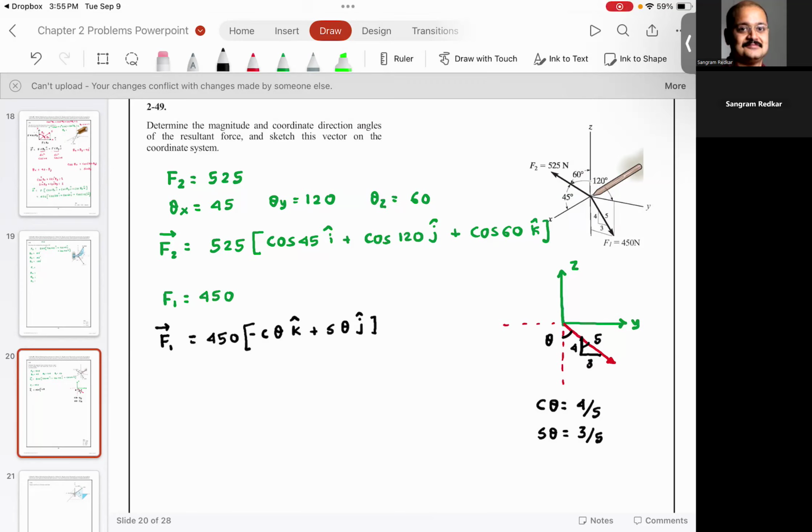Are you with me? So when I take the cosine component of this 450 multiplied by 4 by 5, I get k. So I'll just write it in vector form. F1 is going to be 450 times 0 i, because there is no component, plus 3 by 5 j minus 4 by 5 k.